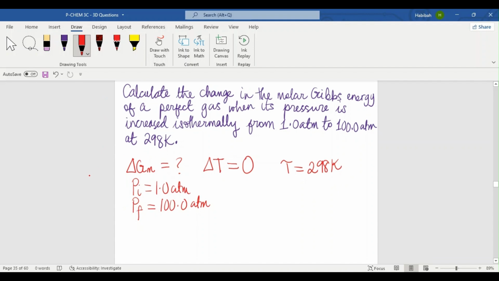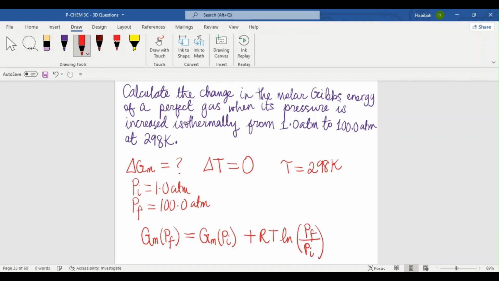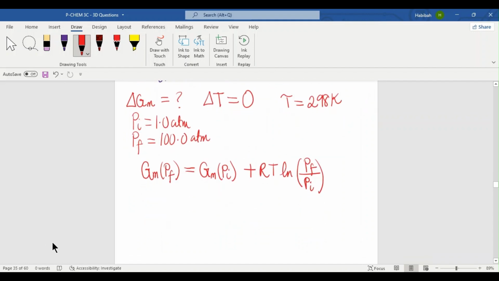The formula for this type of question is: the molar Gibbs energy at the final pressure equals the molar Gibbs energy at the initial pressure plus RT ln(P final divided by P initial), where R is the gas constant and T is the temperature.